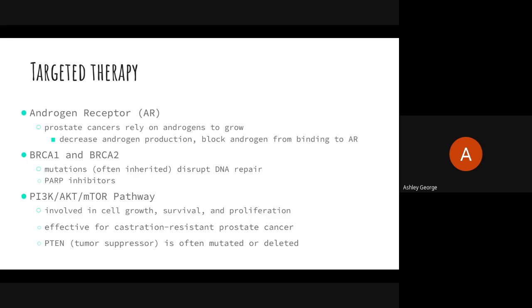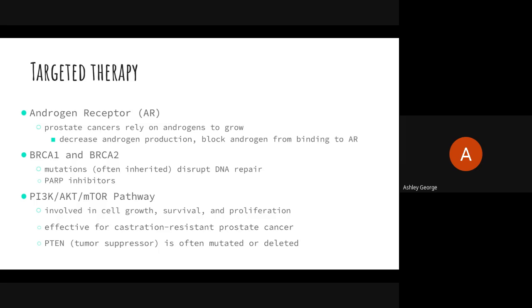So treatment with the PARP inhibitor prevents the cancer cells from accessing this protein and then causes the cells to eventually die. And then a third pathway that's important, this is the PI3K, AKT, or mTOR pathway. It's an important signaling pathway that's involved in cell growth, proliferation, and survival. I have a slide about that later on as well. And when it's dysregulated or not working correctly, a lot of times we see that frequently in prostate cancer.